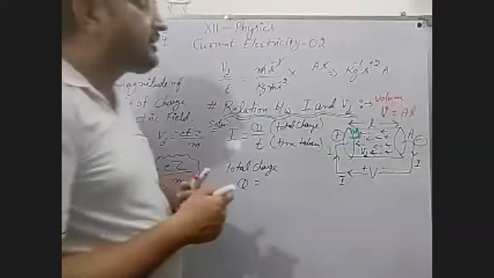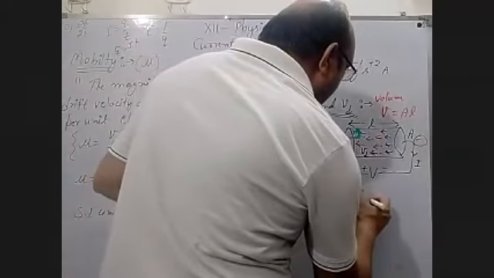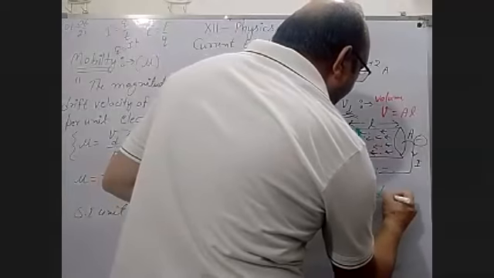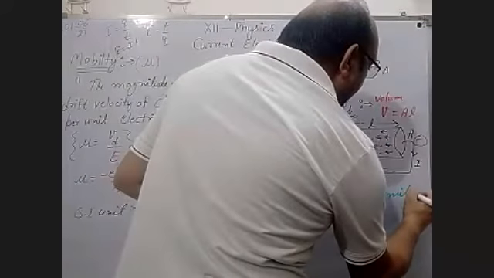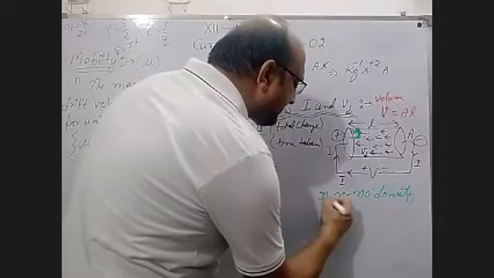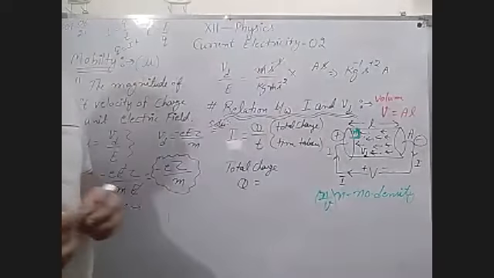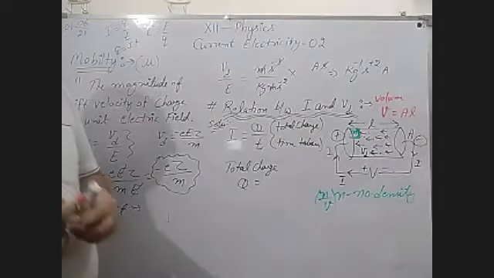What is the meaning of number density? Number density means the number of electrons present in, this is not only n, this is N upon V.